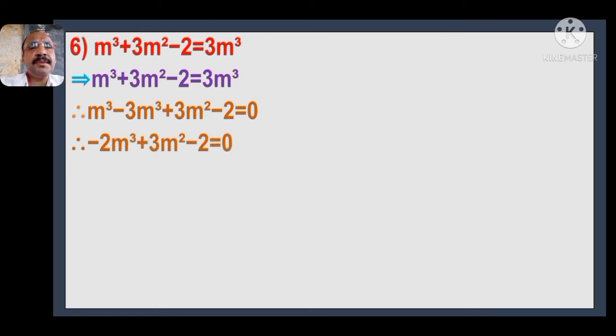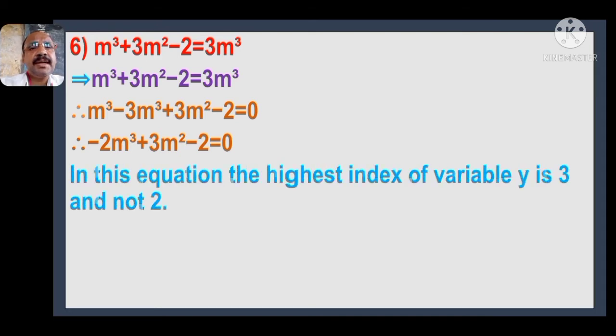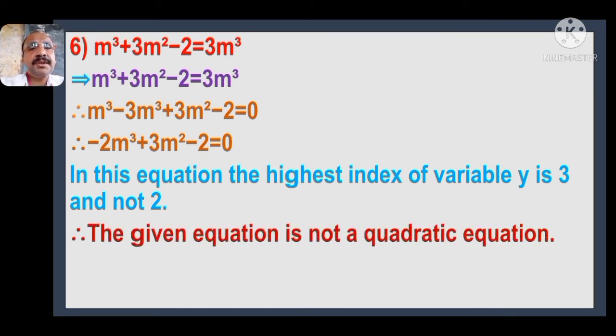Therefore, minus 2m cube plus 3m square minus 2 is equal to 0. And in this equation, the highest index of variable m is 3 and not 2. Therefore, the given equation is not a quadratic equation.